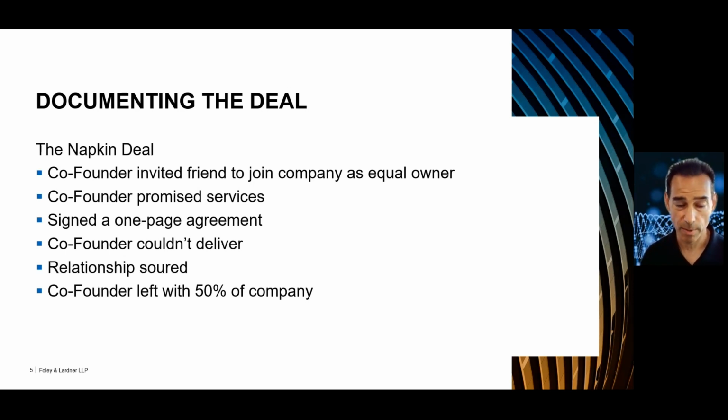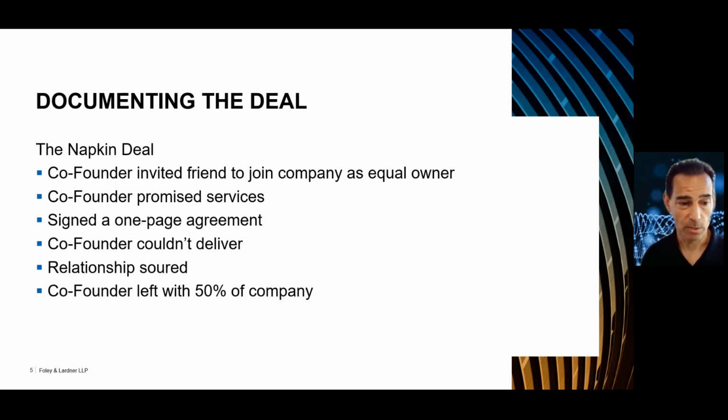He had a friend who had a manufacturing company, and they had some discussions, and my guy basically said, great, you be the manufacturer. I've got the technical know-how. Let's team up. I'll give you 50% of the company. They signed a very, very short, badly worded one-page agreement. Basically, the original founder, the one that really had the idea and the technology for the company, gave 50% of the company to his friend, the manufacturing co-founder.